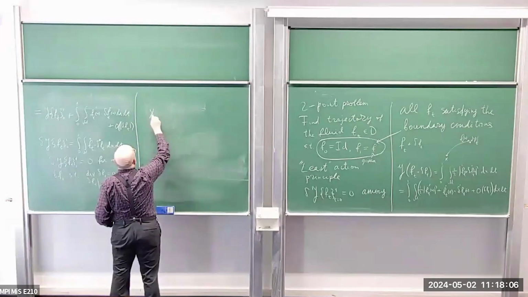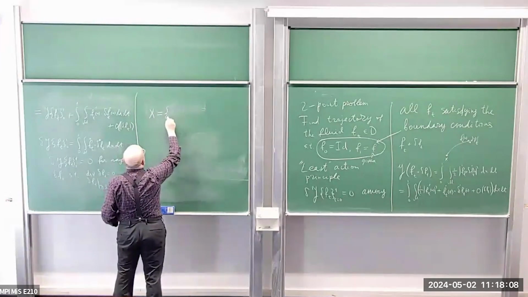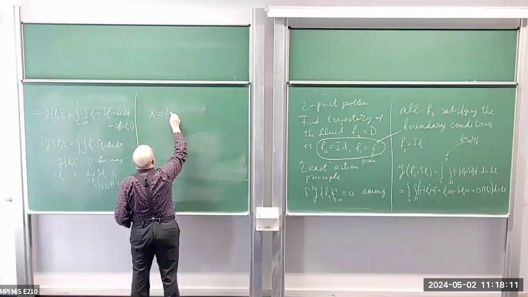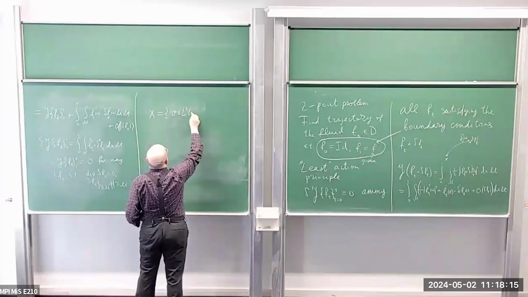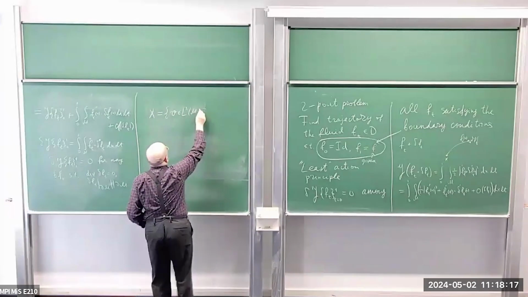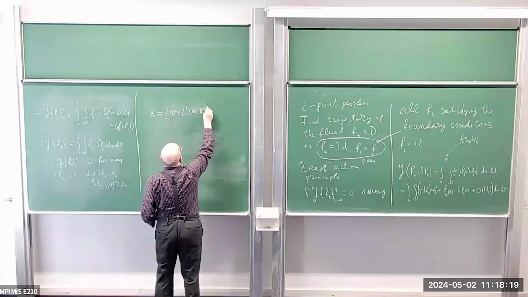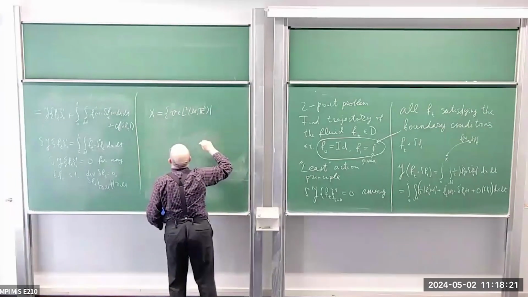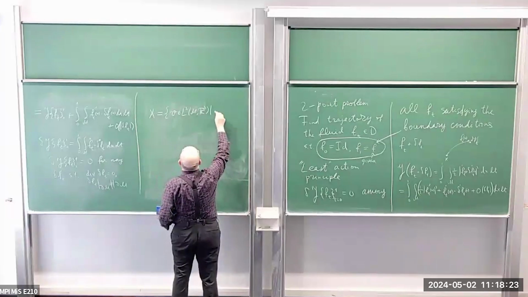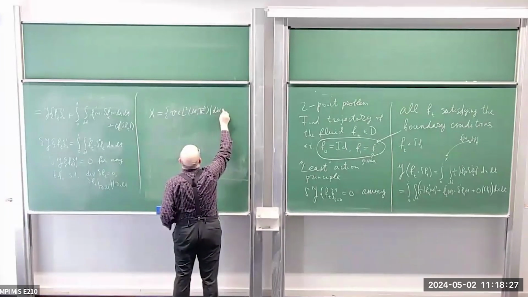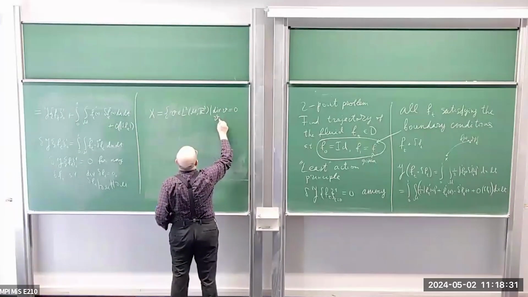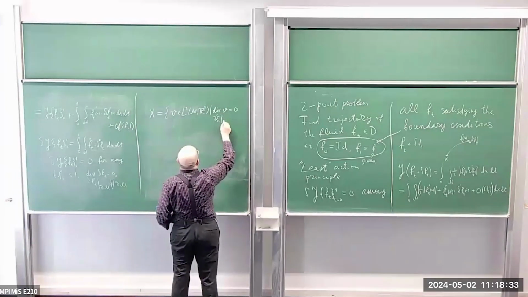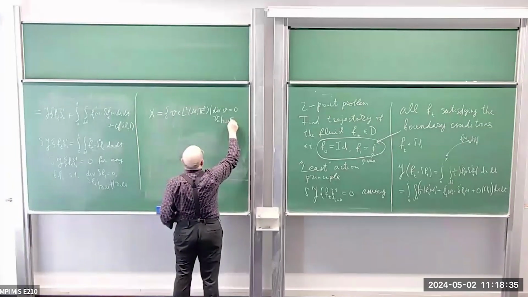Say X equals the set of V in L2(M, R2) such that divergence V is 0 and V dot n on the boundary equals 0.